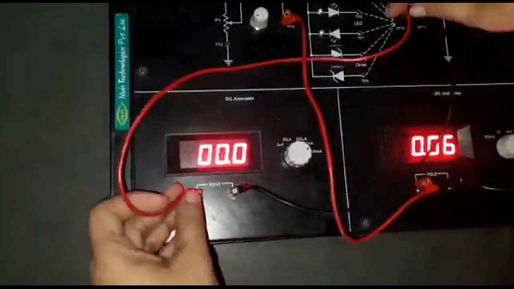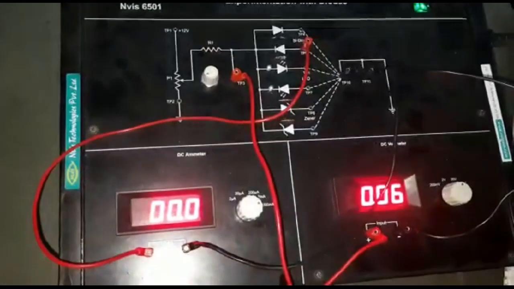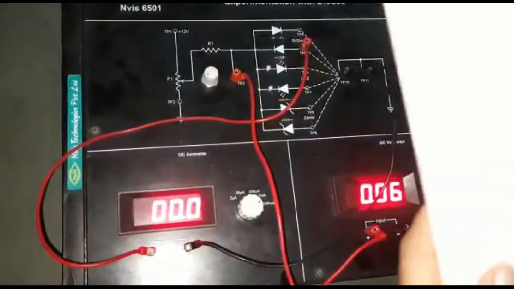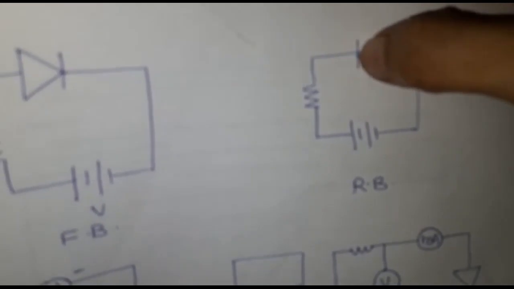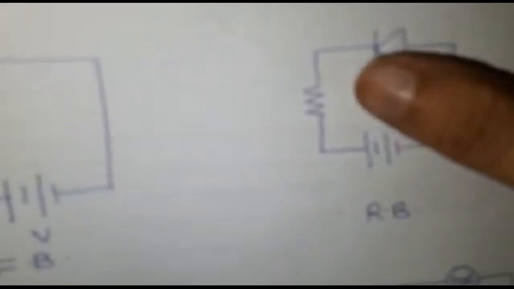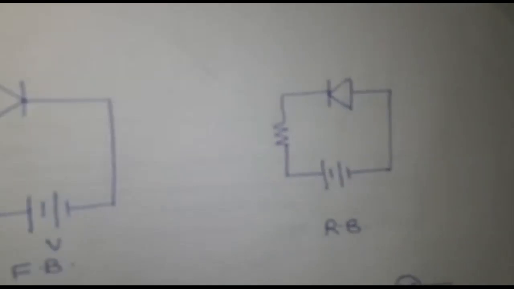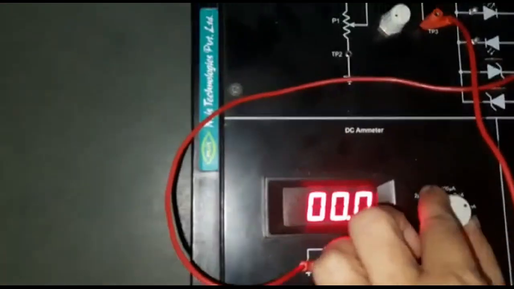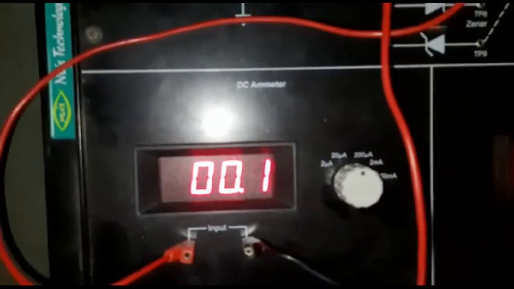In this case, the positive terminal, or anode, is connected to the negative terminal, and the cathode is connected to the positive terminal through a current limiting resistor R. All the experiment is the same, only we change the range of this DC ammeter, and it is set at 200 microampere.